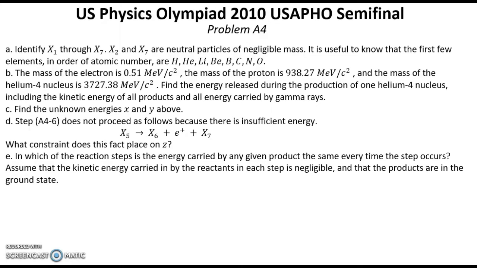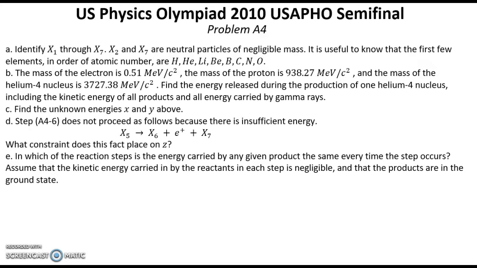Question B. The mass of the electron is 0.51 MeV per c squared. The mass of the proton is 938.27 MeV per c squared, and the mass of the helium-4 nucleus is 3727.38 MeV per c squared.